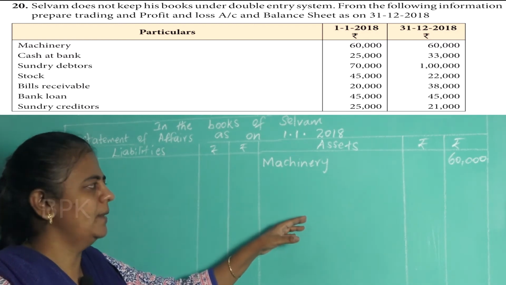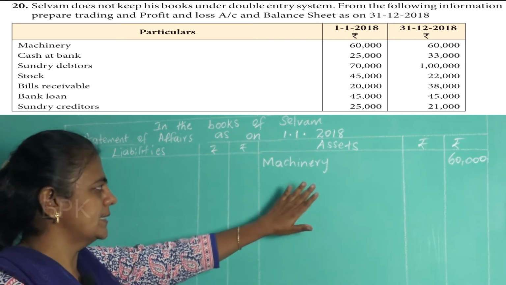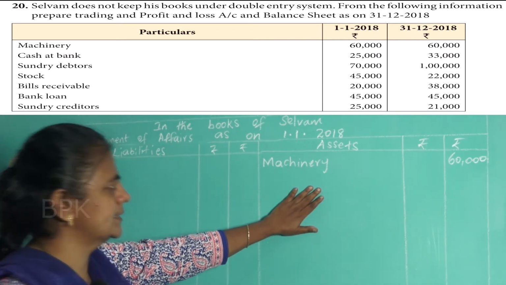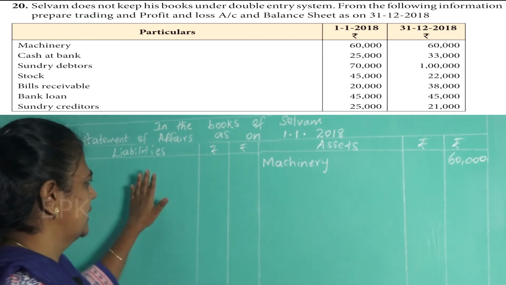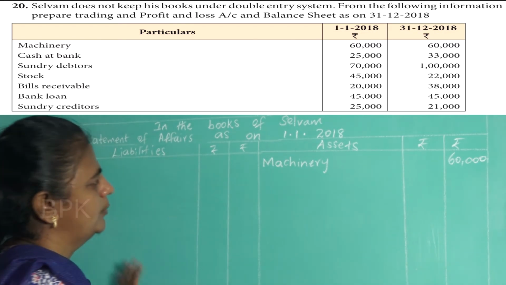If depreciation or anything is given, nothing should be shown here. Just write the opening balances of the assets and the opening balances of the liabilities. The difference between assets minus liabilities will give you your opening capital.